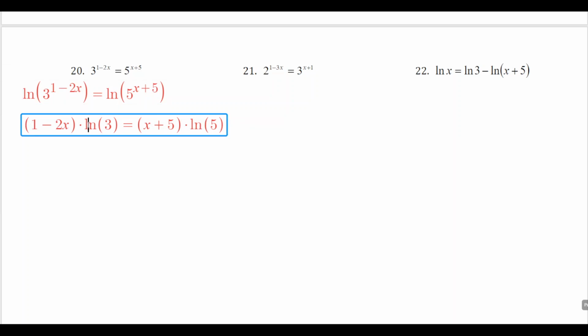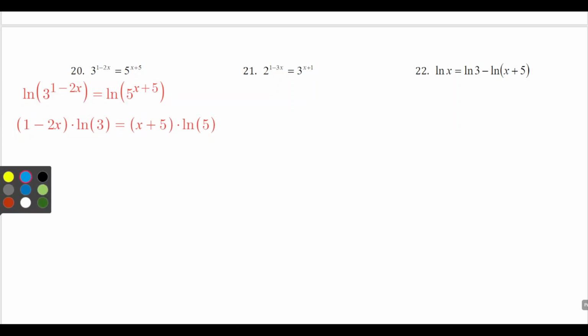Now from here, we want to do the same thing we did in the last one, which is distribute the natural log, this number, to both terms in the binomial that we are multiplying it by. And we need to do this on both sides of the equation. Our goal here is going to be to collect all of the terms with x on one side and all the terms that don't have x on the right-hand side.